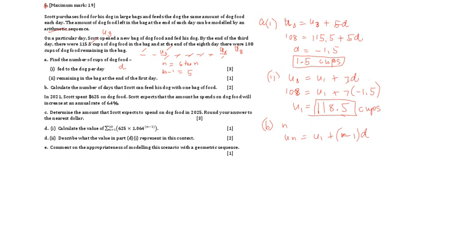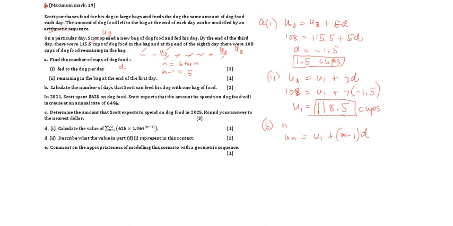And then it has to be how many days can Scott feed the dog with one bag of dog food. So it means it has been consumed, finished. It's been fed to the dog.